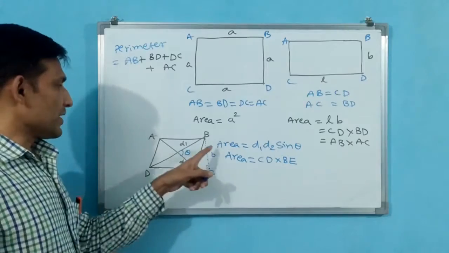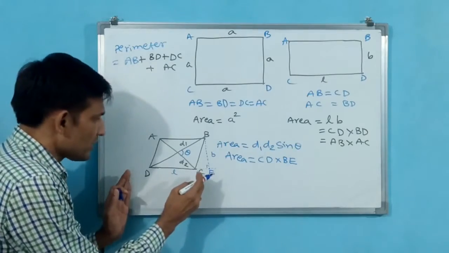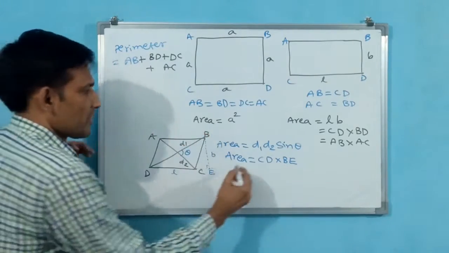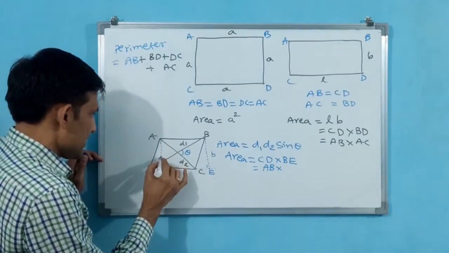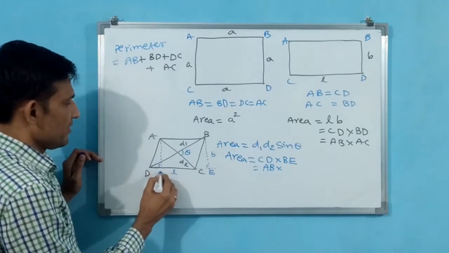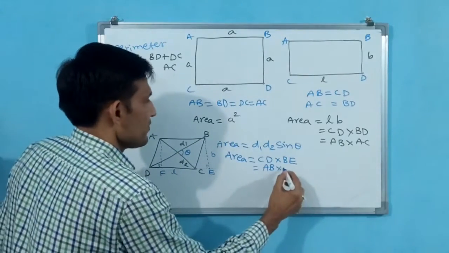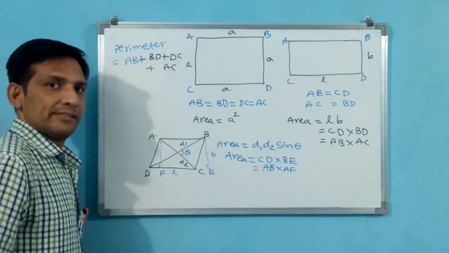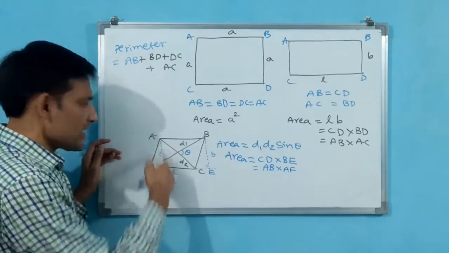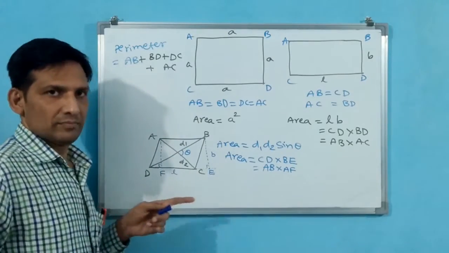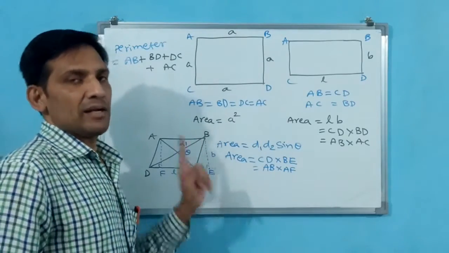BE you take as breadth, and for length you take only CD or AB, not CE. Also AB into AF, if this is E and you take this as F. Vice versa, you can take AB into BE also, or CD into AF also, because these are all equal. This is the formula for the area of a parallelogram.